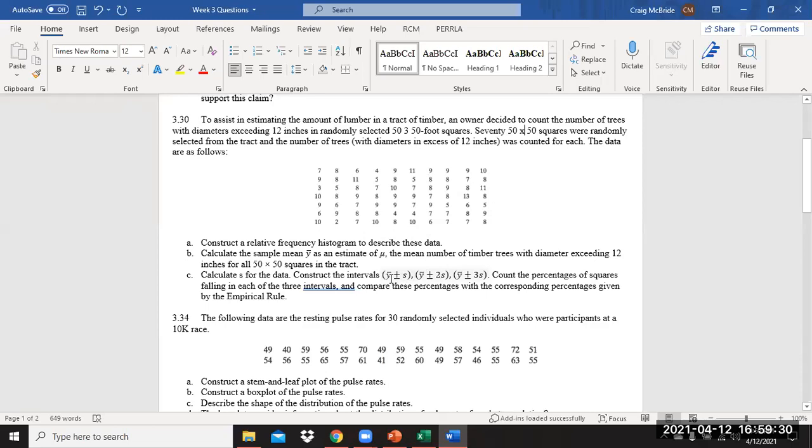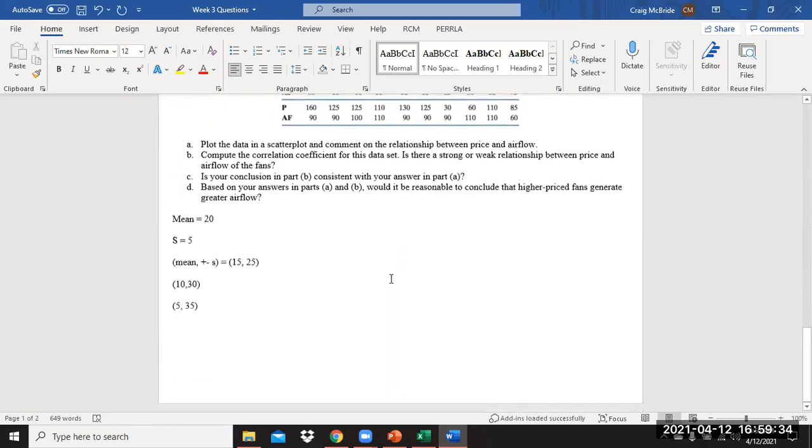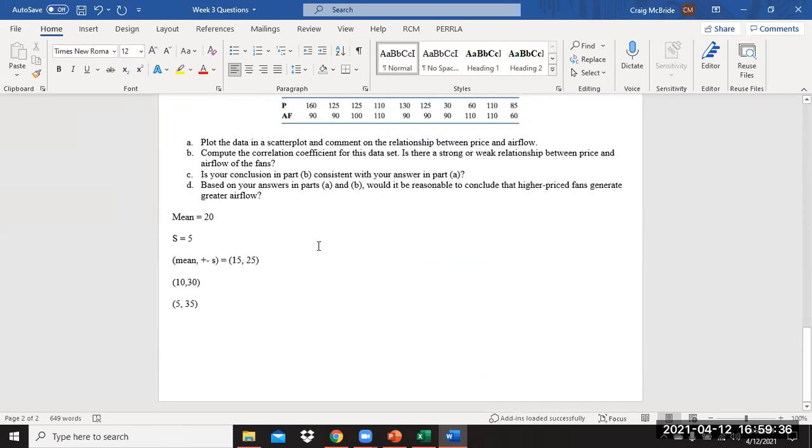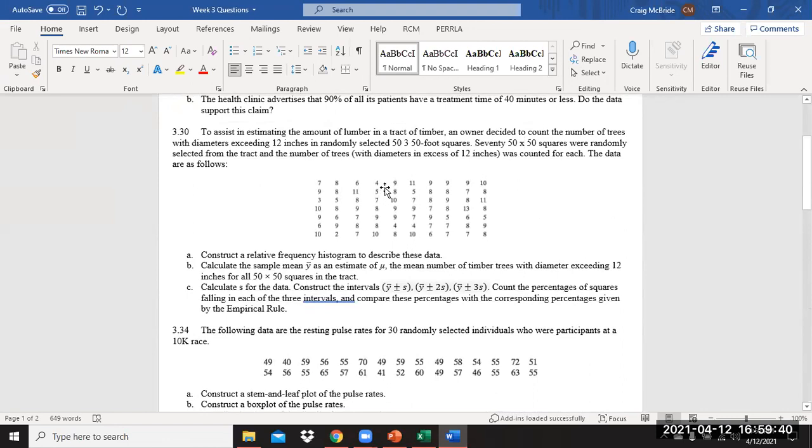So let's say your first interval was between 15 and 25, which obviously wouldn't work with our data because our numbers go from like 4 to 10. But if you count it up, and out of those 70 pieces of data, 20 of them were in that interval, then you would go 20 divided by 70 and figure out what that is as a percentage.